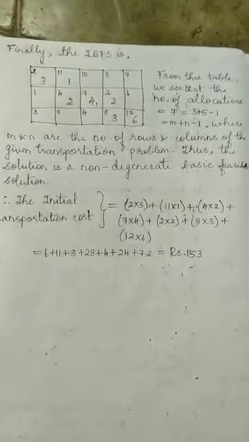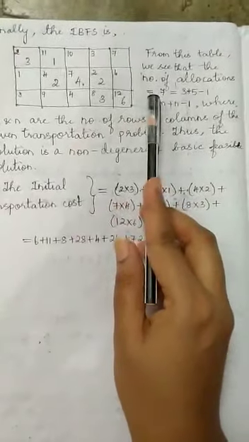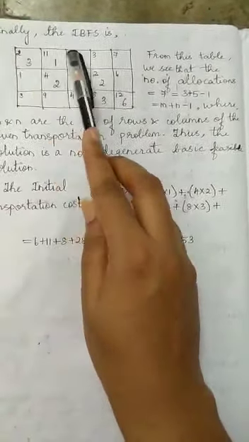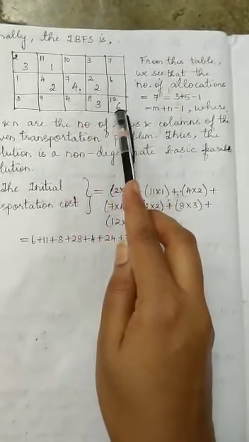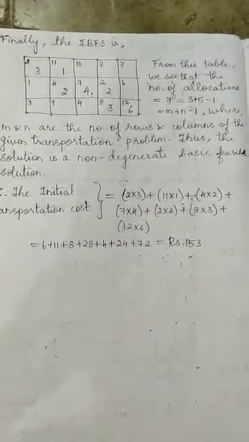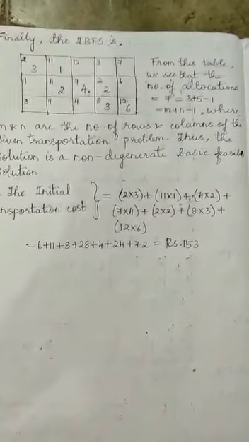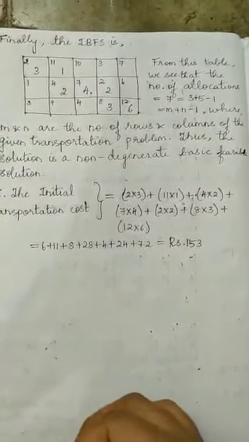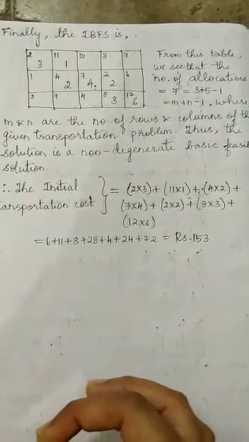So here from this table we see that the number of allocations is 7, that is 1, 2, 3, 4, 5, 6 and 7. So there are 7 allocations. Now the next task is to check whether m plus n minus 1 and the number of allocations are equal. M and n are nothing but the number of rows and columns of the given transportation problem.